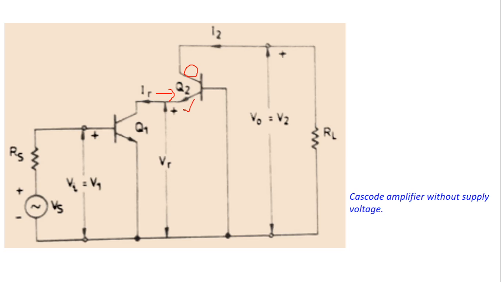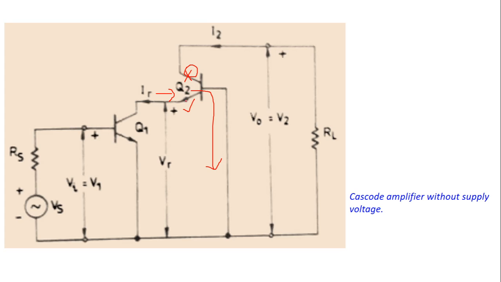If you look from the input side, this particular terminal is a kind of open circuited, and this particular junction is kind of short circuited. So if some current has to flow, it will flow in this branch and go to the ground, and whatever resistance this branch offers would be the input resistance for Q2 when seen from this side.